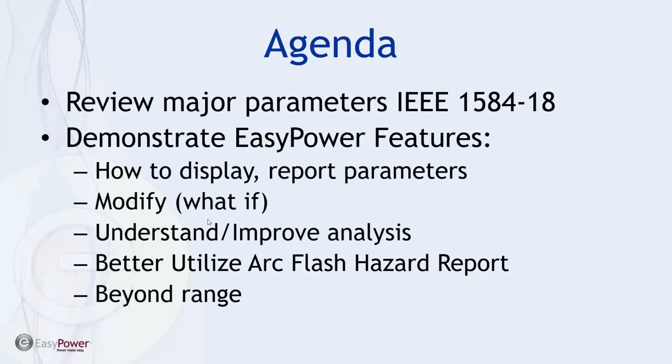I want to emphasize this is not a procedure presentation. This is not a lecture. The intent is to be a discussion of the capabilities of the tool and hopefully share with you some of that knowledge that I use to help folks out when we're doing arc flash calculations.